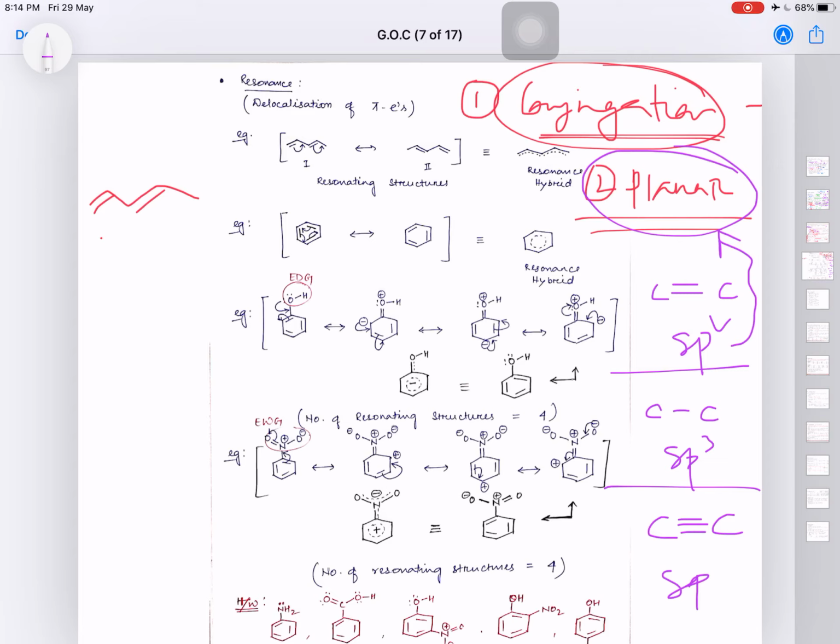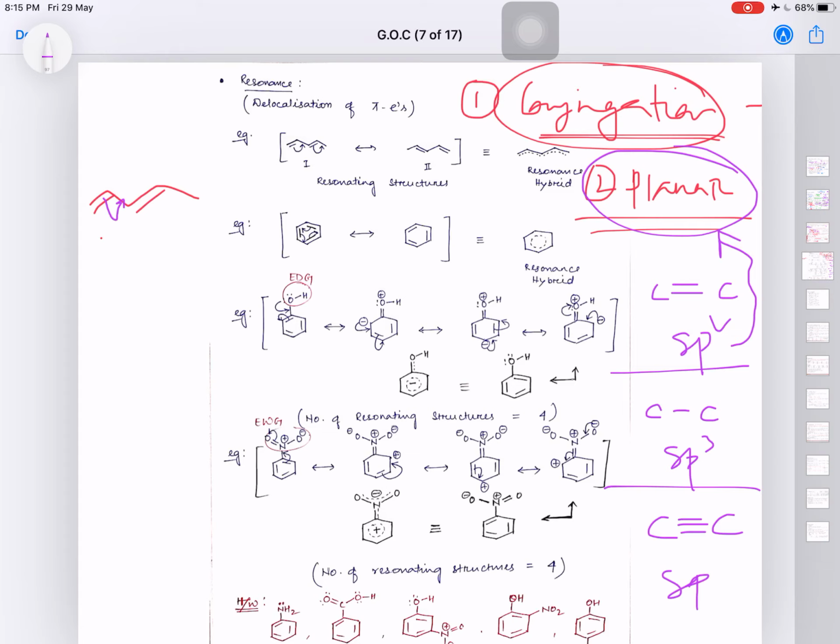So what can happen in this structure is that the pi electrons of this double bond can move onto this bond. Always remember that in drawing resonance, the first arrow always moves from a double bond to a single bond, and the second arrow moves from a double bond to an atom.